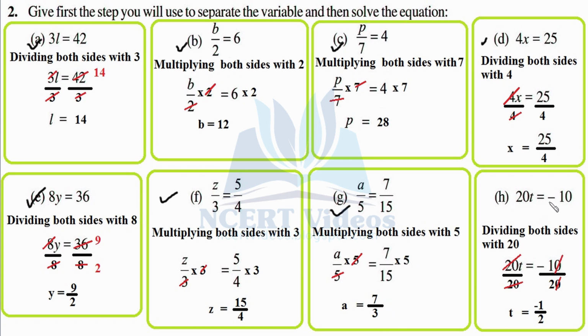H part, 20t equals minus 10. Now it is getting multiplied, so we have to introduce division by 20, therefore dividing both sides by 20. 20t equals minus 10 as it is. Now introduction of division by 20 on both sides, 20 20 cancel, t is separated, and minus 1 over 2, 0 0 cancels, so t equals minus 1 over 2. So in this question number 2, we solved division and multiplication problems.